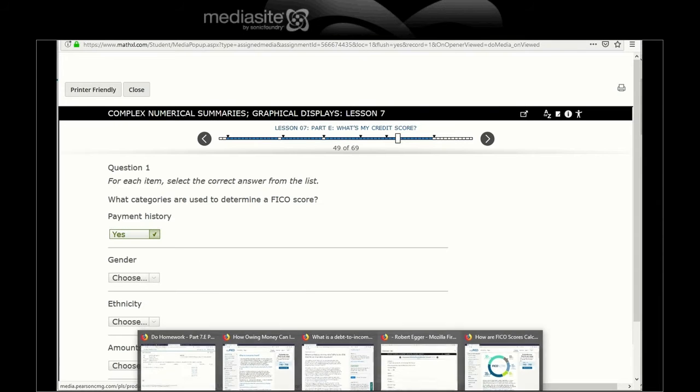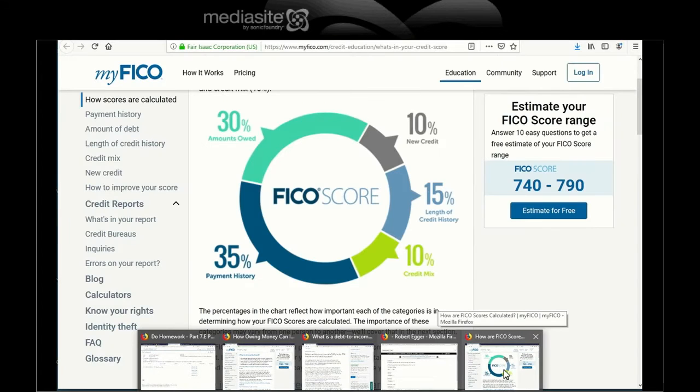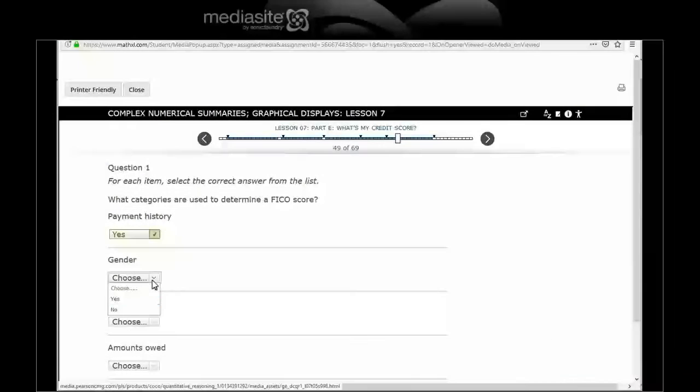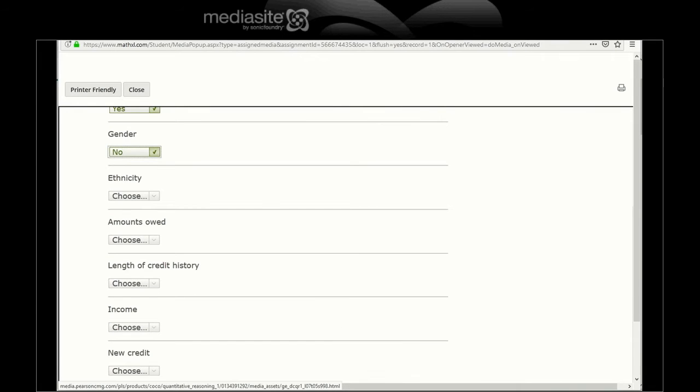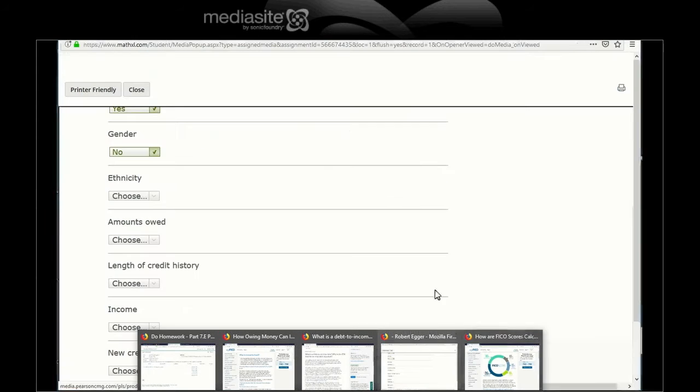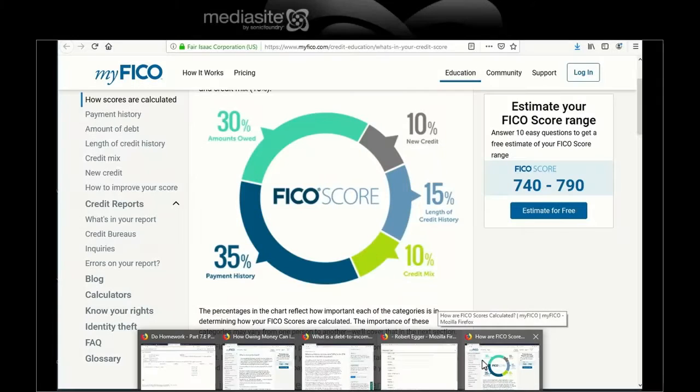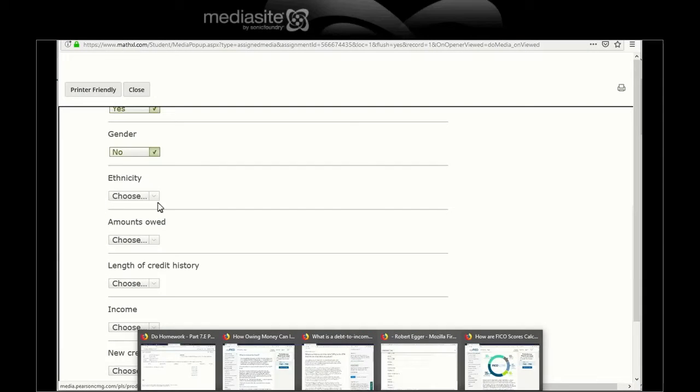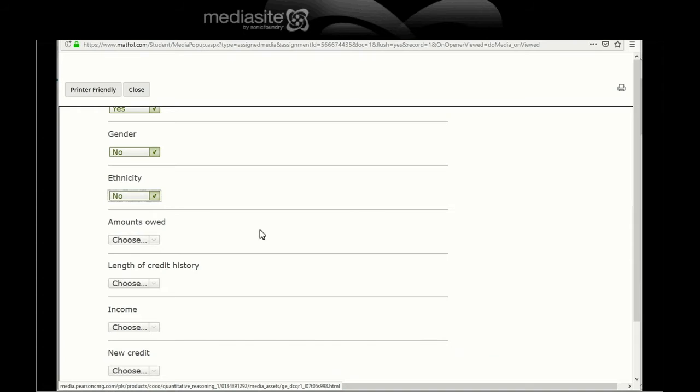Is gender involved? I see amounts owed, payment history, credit mix, length of credit history. I don't see gender, so I'm going to say no. That's correct. Ethnicity. Again, looking, I see nothing on ethnicity. Amounts owed.